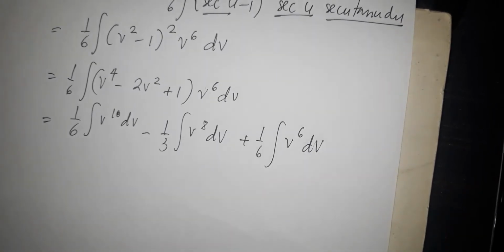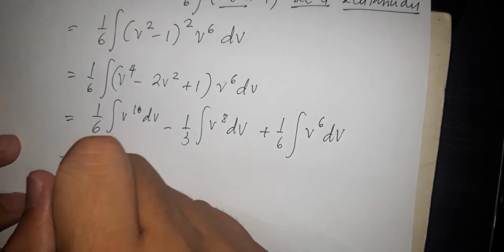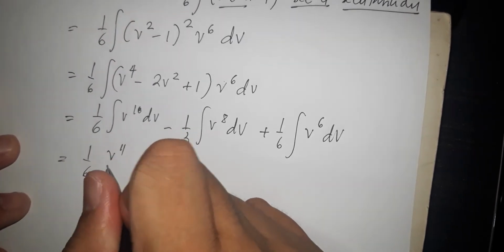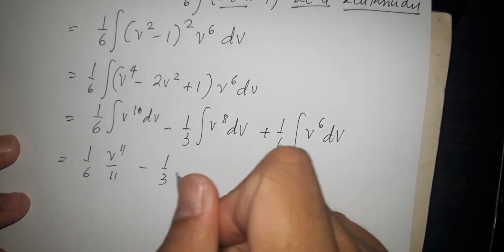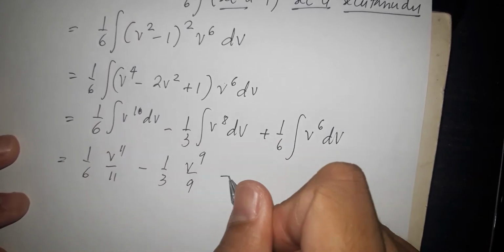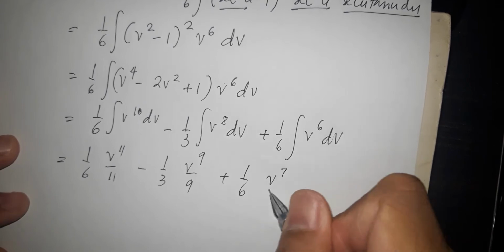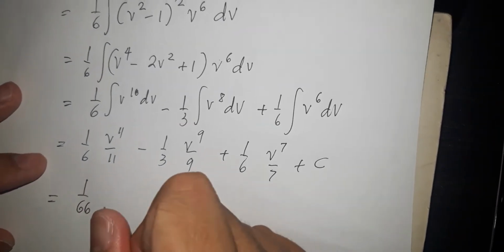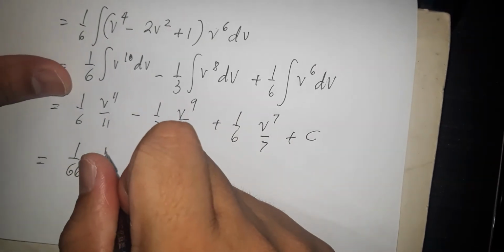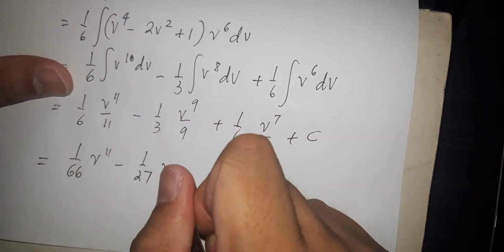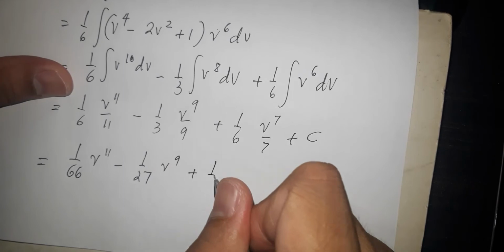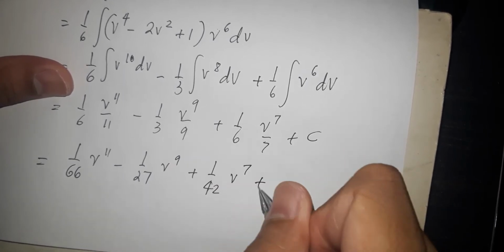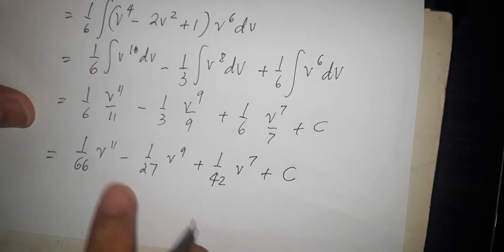So now it's ready for integration using the general power formula. That's 1 over 6 v to the 11 over 11 minus 1/3 v to the 9 over 9 plus 1 over 6 v to the 7 over 7 plus c. So, magiging 1 over 66 v to the 11 minus 1 over 27 v to the 9 plus 1 over 42 v to the 7 plus c. But what is v?